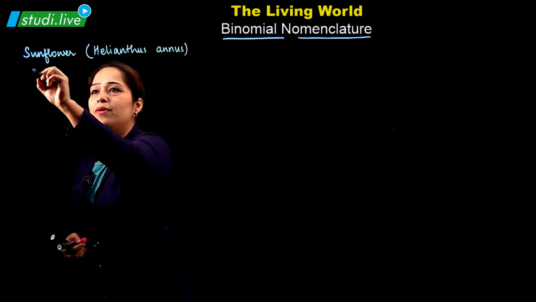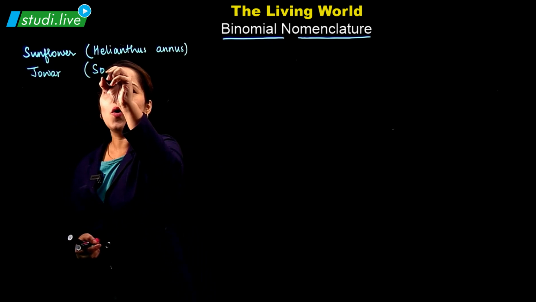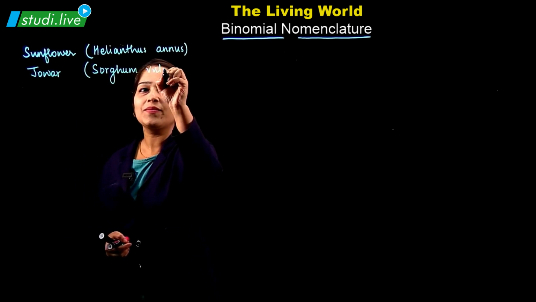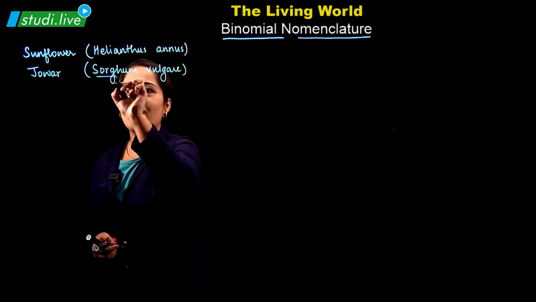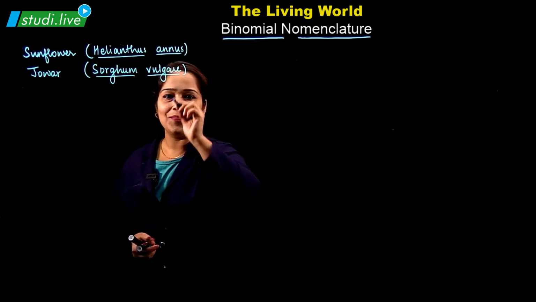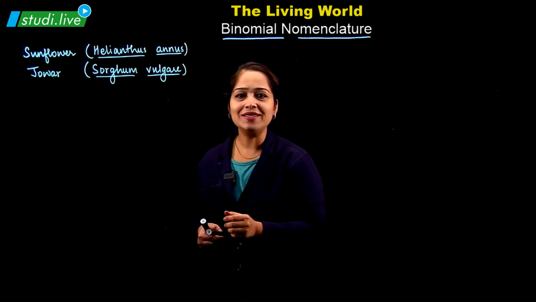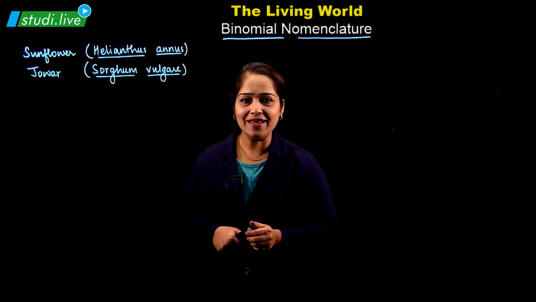Another example is jowar, which is known as Sorghum vulgare. We know our common example of mango, which is known as Mangifera indica. These are examples of the scientific name which was put forward by Carl Linnaeus.